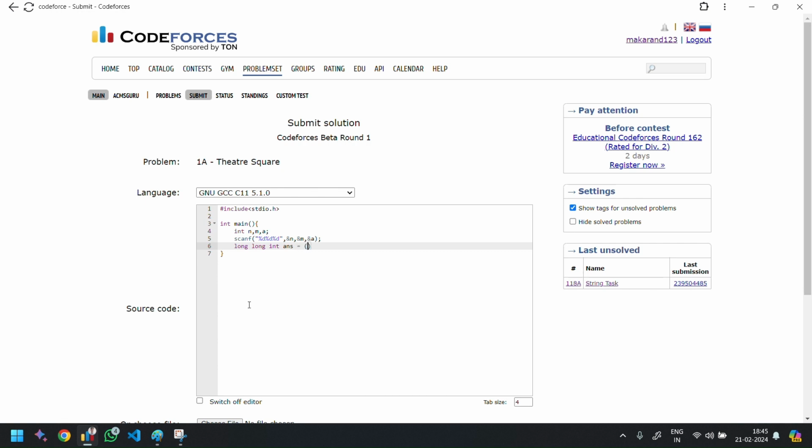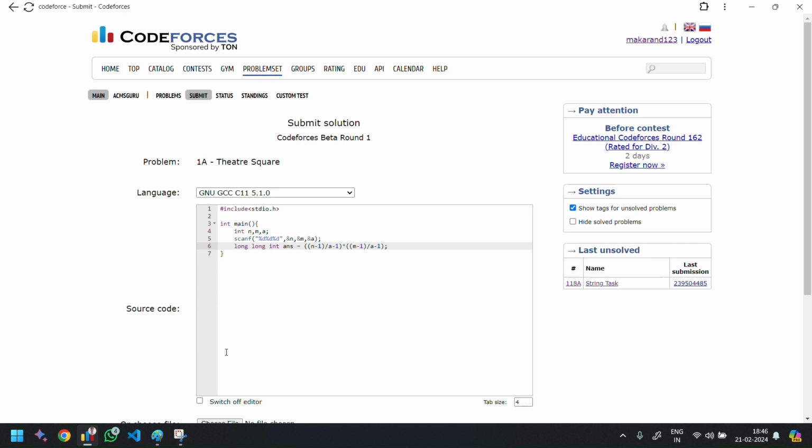So our general formula, which was n minus 1 divided by a, plus 1, into m minus 1 divided by a, plus 1. By default in C, the expression is solved in int format, and then the whole value is stored in long.